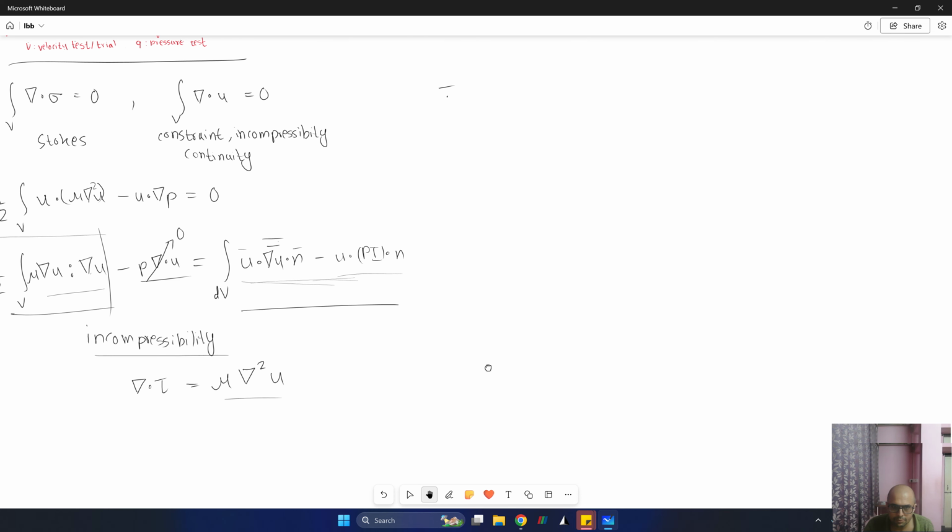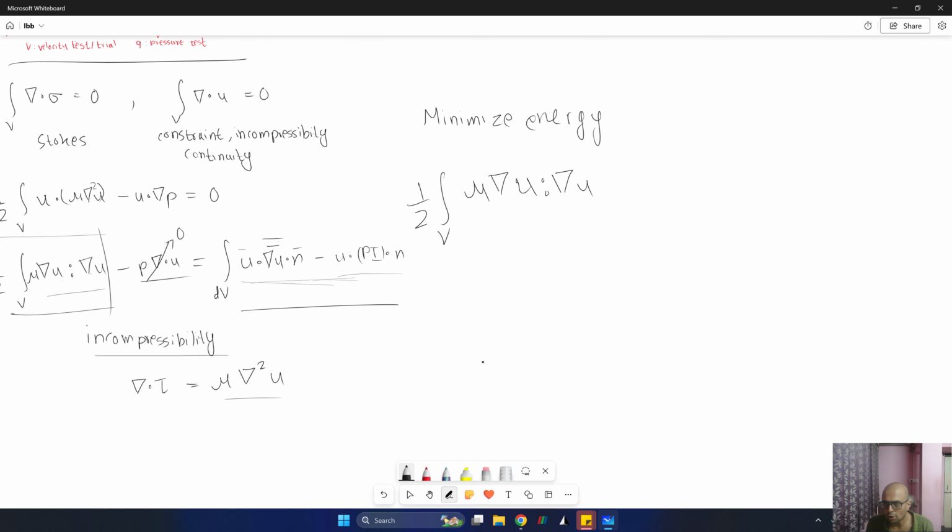So minimize energy, which is our half into mu into grad u double dot grad u, subject to the constraint which we have to maximize.